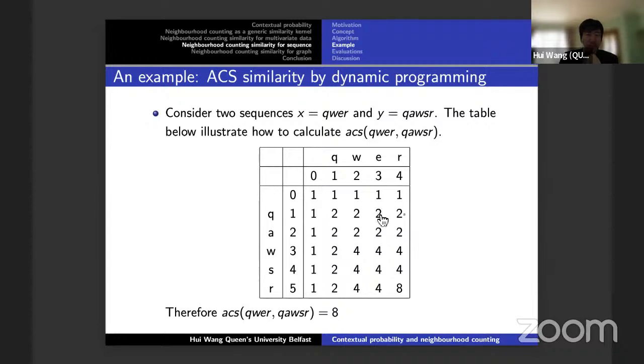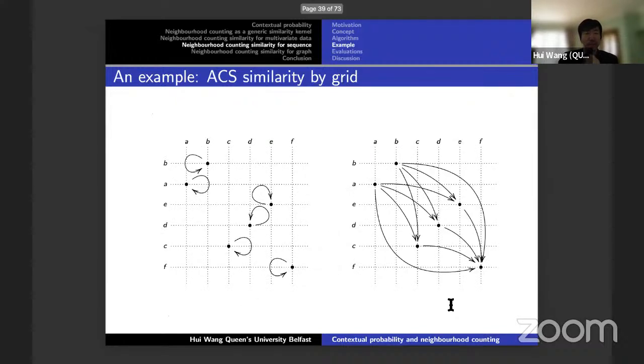That gives us 2. Now the last entry. We compare this and that one, and they are the same. So this value is double this, which gives us 8. So that is the dynamic programming algorithm for the ACS similarity.